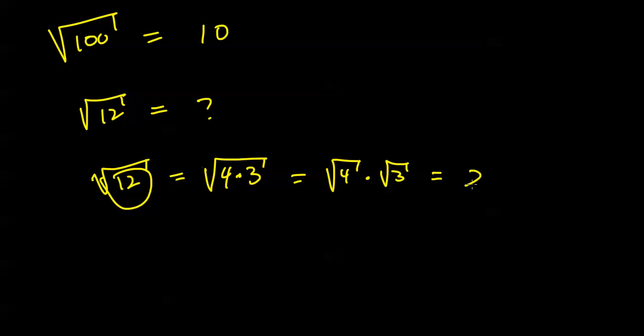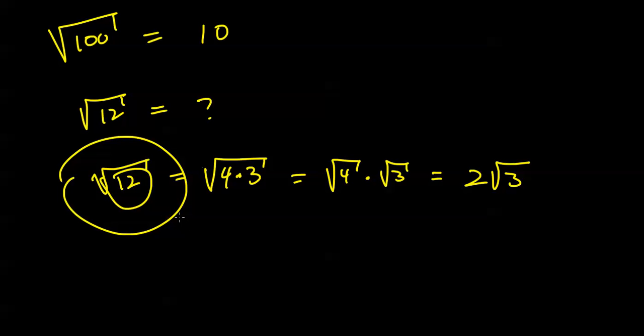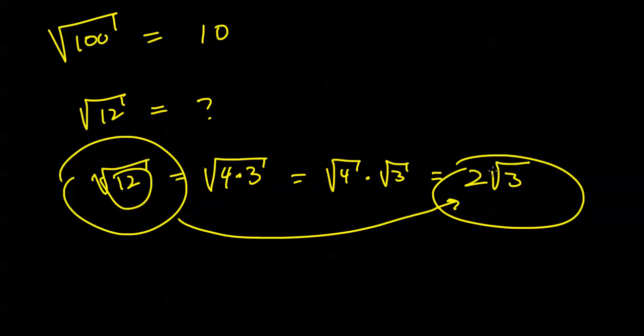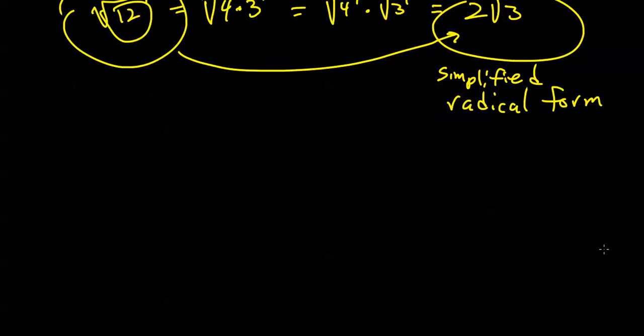The square root of 4 is 2, and I can rewrite this original expression as 2 times the square root of 3, or what some might call 2 root 3. And I call this answer simplified radical form. All that means is you've taken out all that you can from under the root sign according to this process. Now we can do this with square roots, cube roots, etc.